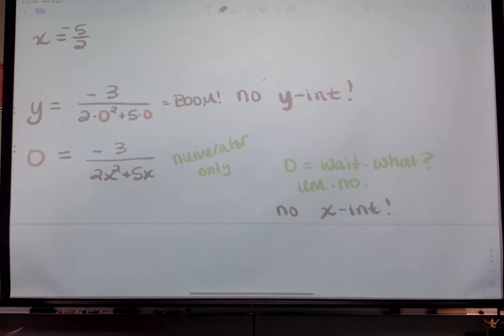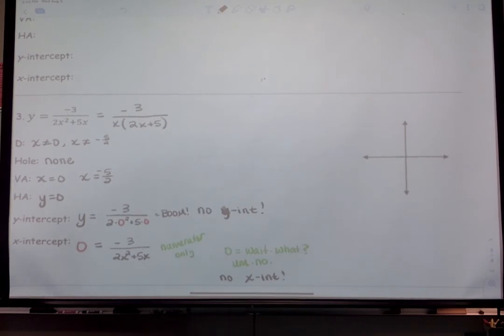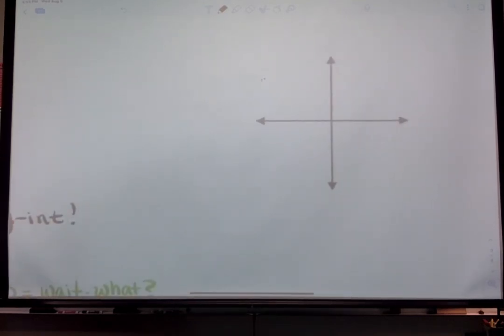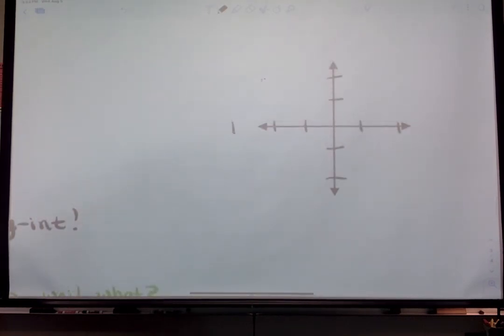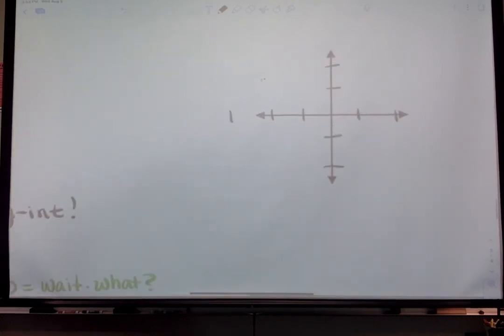So what on earth is it going to look like? Well, let's get some of these asymptotes drawn. You can make your scale pretty big. All right, so I have a vertical asymptote at 0, and at negative 5 halves, between negative 1 and negative 2, right here.